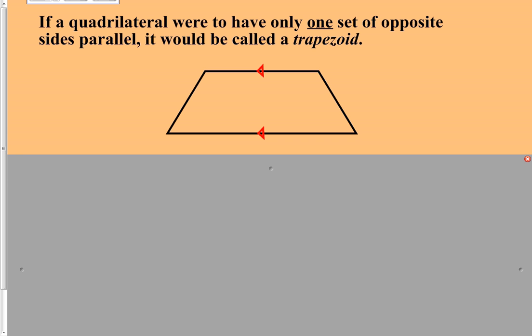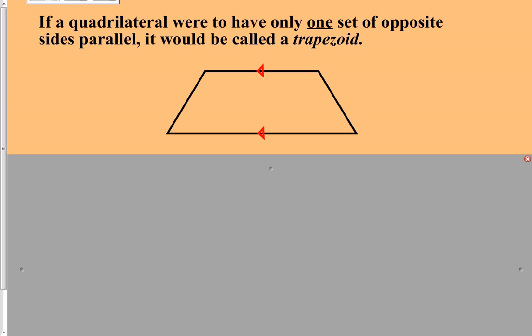Trapezoids have only one set of opposite sides parallel. There are not any properties that we're going to go over about a trapezoid because, quite frankly, they do not have properties like a parallelogram did. But it's important to know the difference between a parallelogram and a trapezoid because you definitely do not want to apply parallelogram properties to a trapezoid shape. If you do that, you're going to get all kinds of wrong answers.